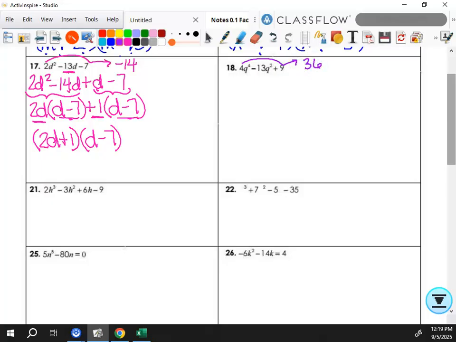Since this 9 is positive, that means the signs will be the same. It's either plus, plus, or minus, minus. Since this is negative, that means my signs are minus, minus. Okay, that helps me there. So I need two numbers that are going to multiply to give me 36 and add to give me 13. 4 and 9. All right.